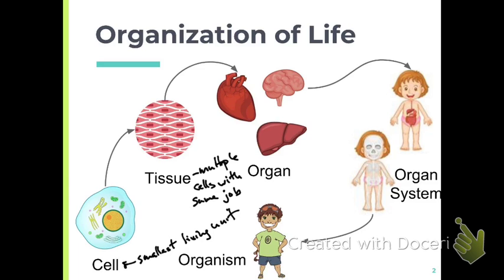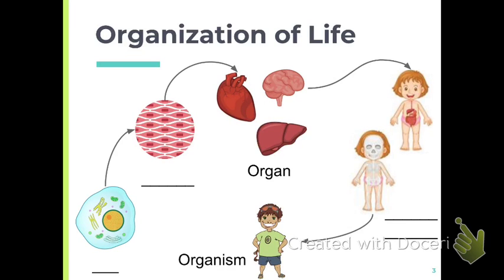Okay. So if we were to fill this in, remember the smallest unit is a cell. If we put multiple cells together, we get tissue. And then multiple organs is called an organ system. All right. Cool.